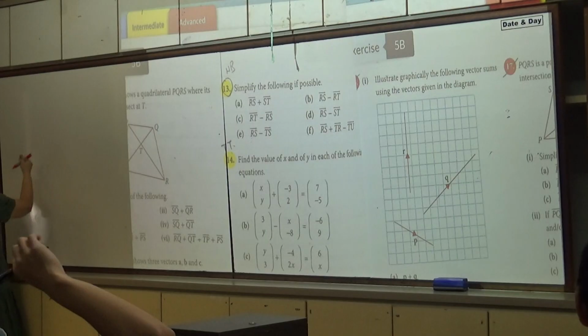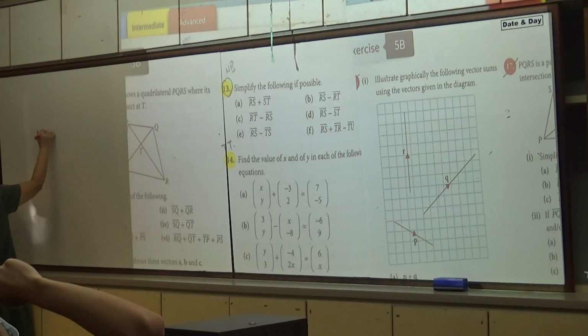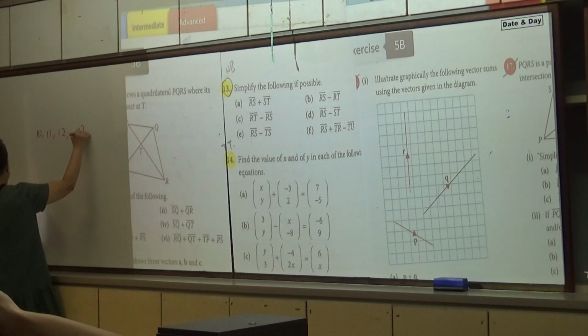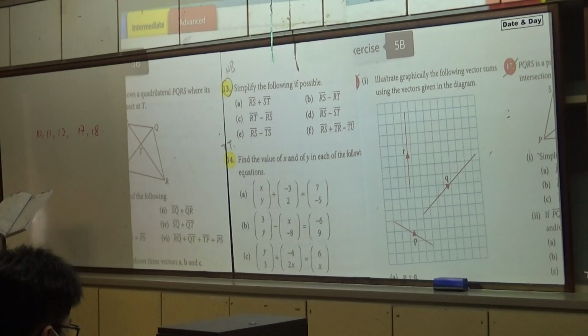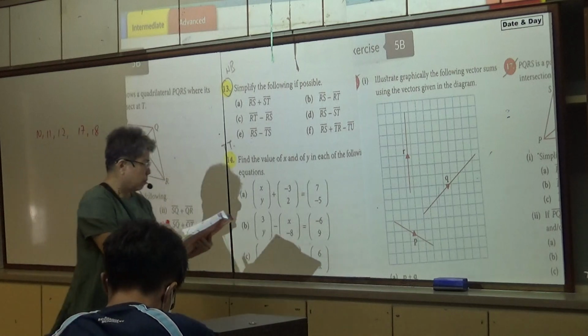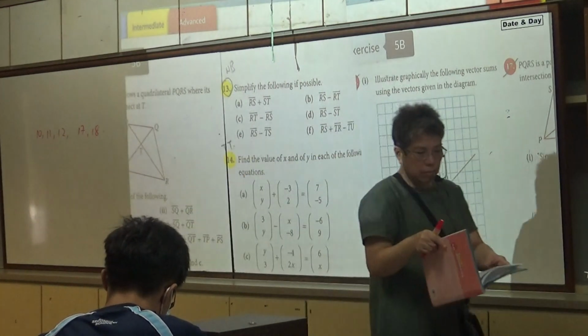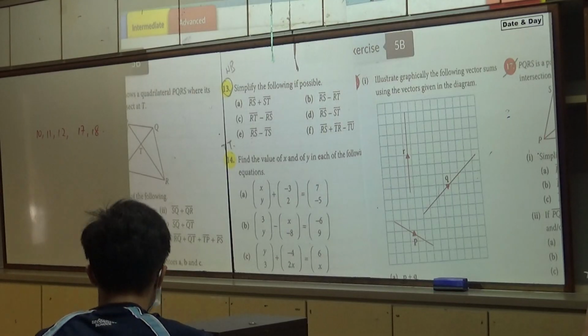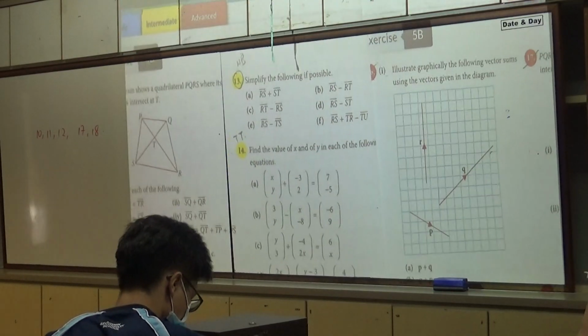Until I run out of time, you will go home and do 10, 11, 12, 17 and 18. We will finish this one up, then after that, we will be going to scalar multiplication.